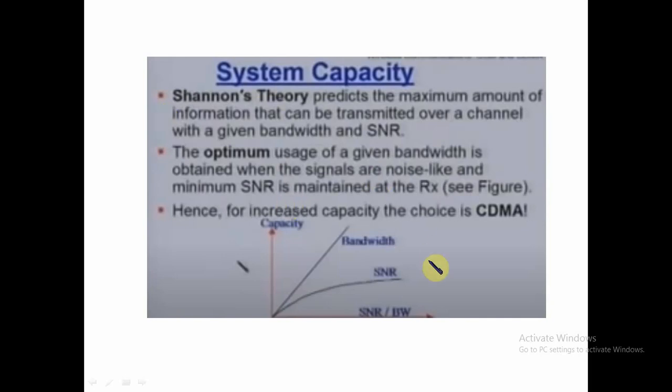Now we conclude the GSM part. We'll stop here. Afterwards we will see the CDMA part. Thank you.